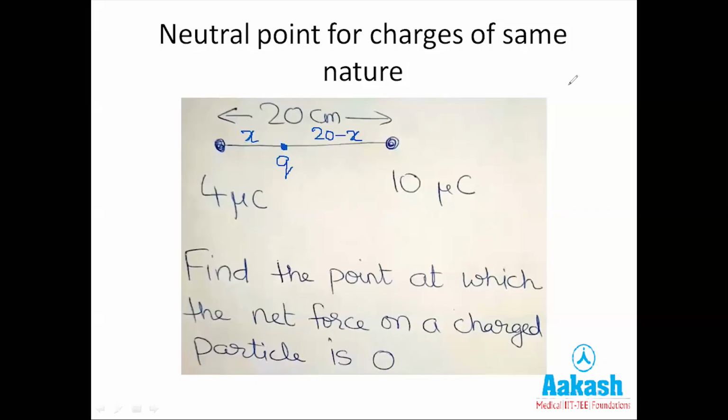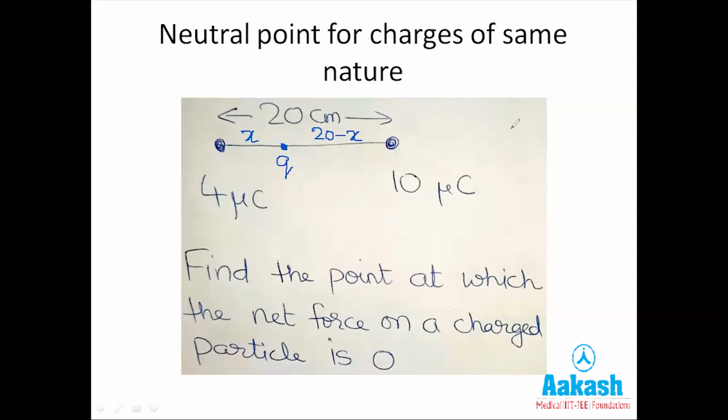This problem is of neutral point for charges of same nature. In this problem, we can see that there are two charges, 4 microcoulomb and 10 microcoulomb, which are separated by 20 centimeter. We have to find the point at which the net force on a charged particle is 0.